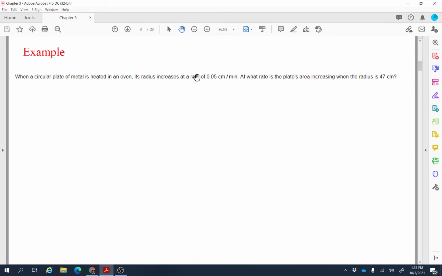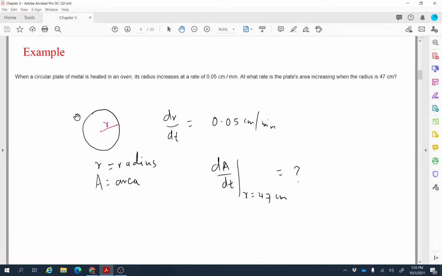We need to draw a picture, because the plate is circular, so the picture will be a circle like this, and we can introduce a variable for the radius, r. We are given that the rate of change of radius with respect to time is 0.05 centimeter per minute, and we need to find the rate of change of the area of this plate when the radius is 47 centimeters.